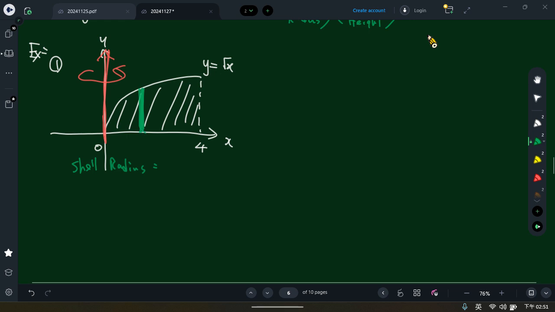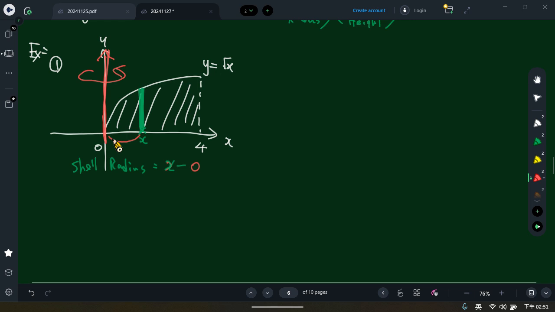Shear radius. What is shear radius? Shear radius is, for each x, we need to calculate the distance from this point to the rotation axis. So it will be x minus 0. Right? Each point, we need to calculate the distance to the axis of rotation. So it should be x minus 0.